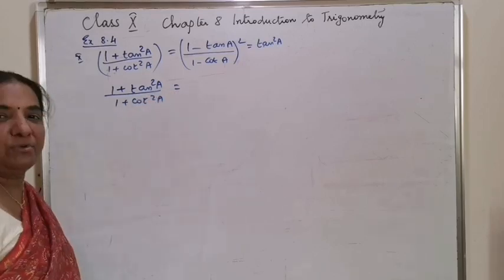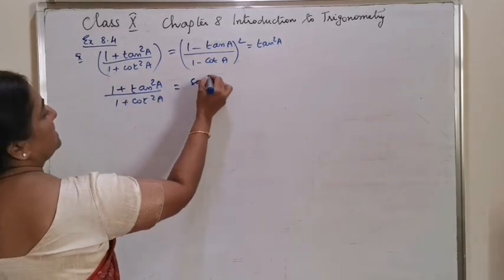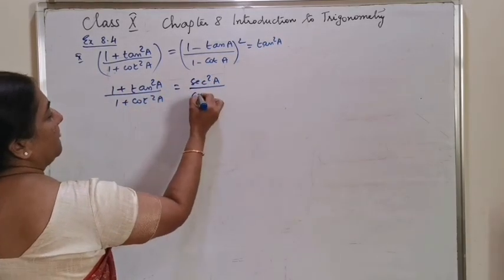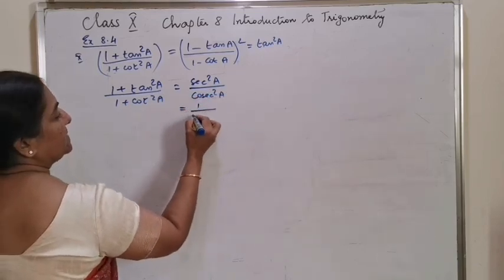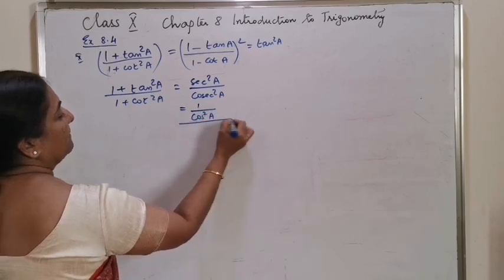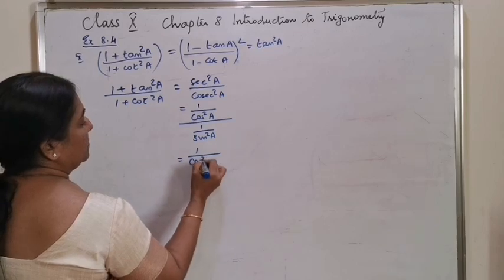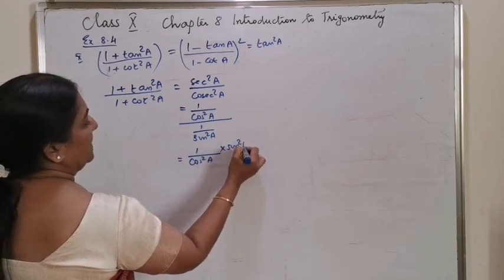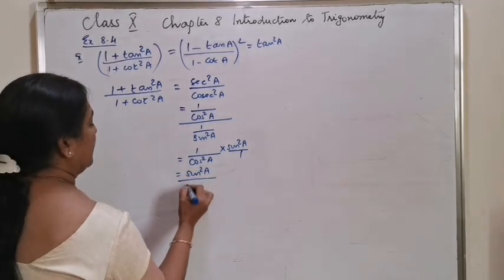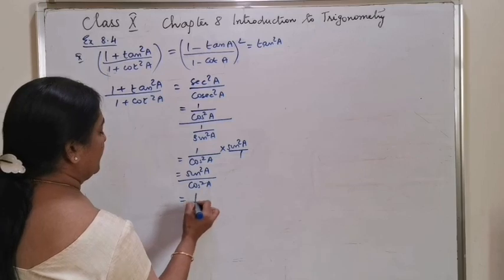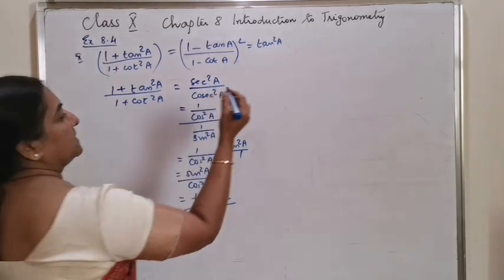This is the same question you have already done in the beginning of the exercise. 1 plus tan square A is sec square A, divided by 1 plus cot square A is cosec square A, which can be written as 1 by cos square A divided by 1 by sine square A, that is 1 by cos square A into sine square A divided by 1, or sine square A by cos square A, which is equal to tan square A. How to prove the second part?